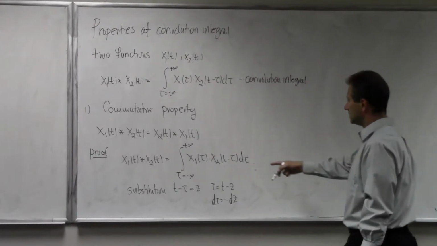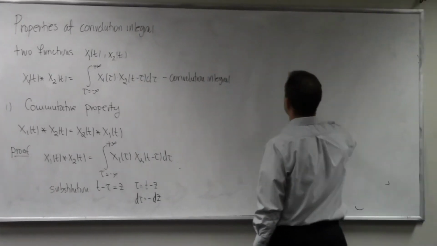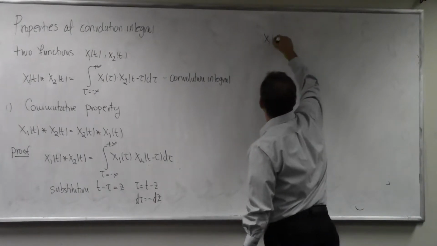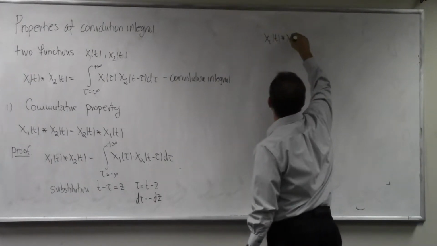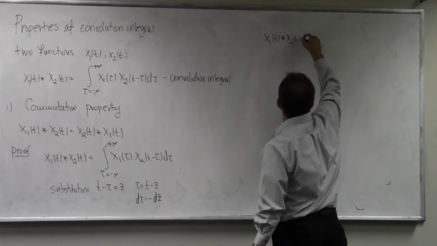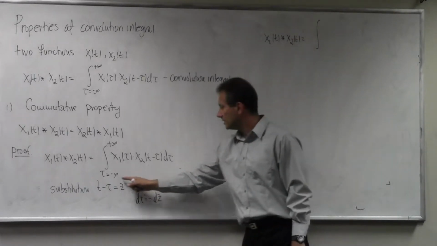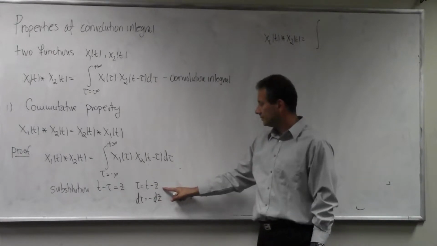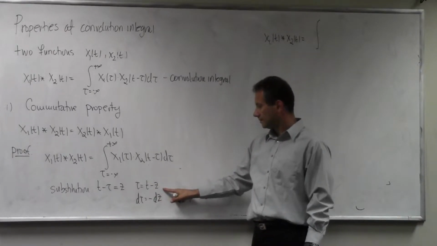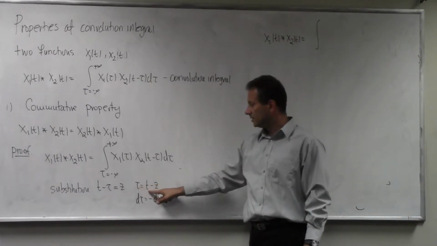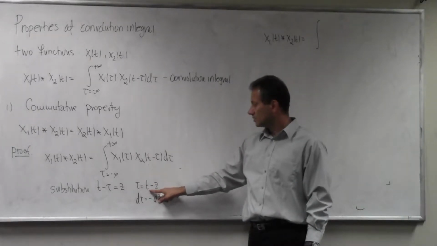So let's substitute that back into this equation. So x1 of t convolved with x2 of t becomes equal to... Now, when tau is at minus infinity, where is z? If this is minus infinity, t is a constant, right? So where is z?